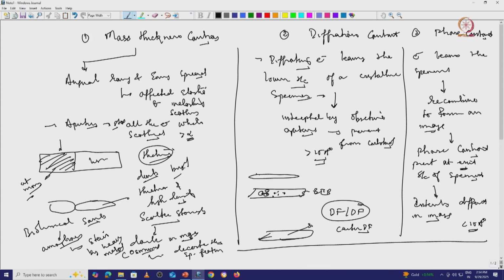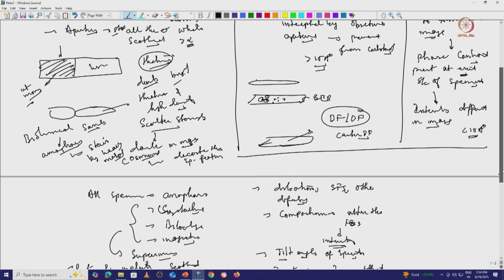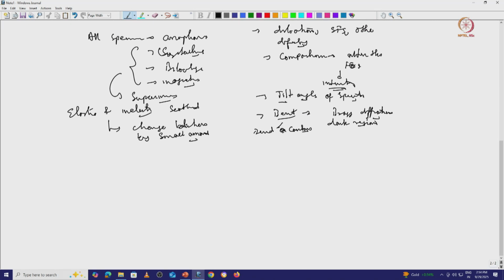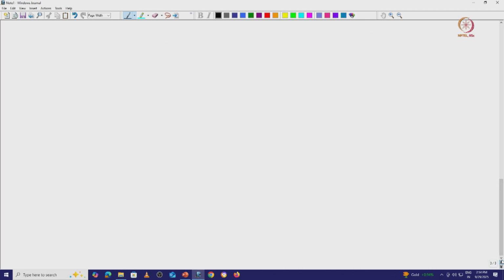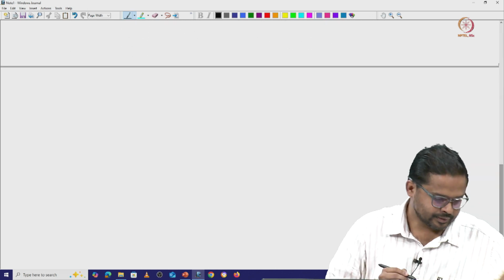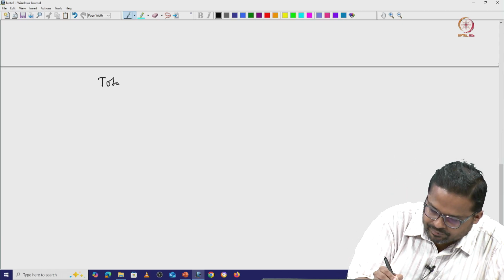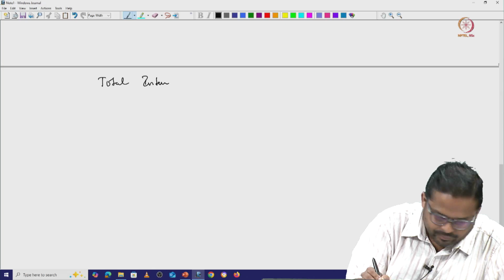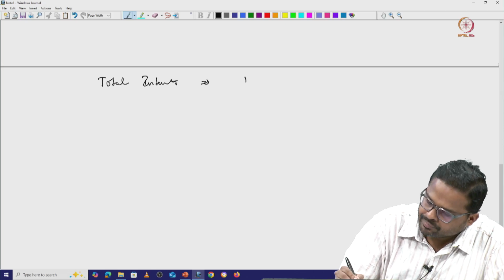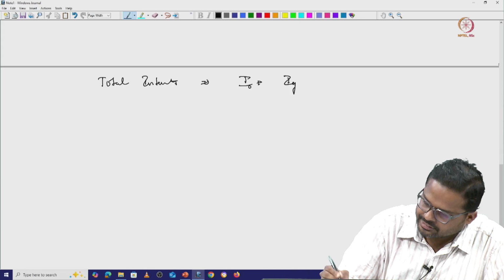Now, we will understand how your intensity is generated on the image. Okay. So, what we can do is, your total intensity can be given by I0 plus Ig.